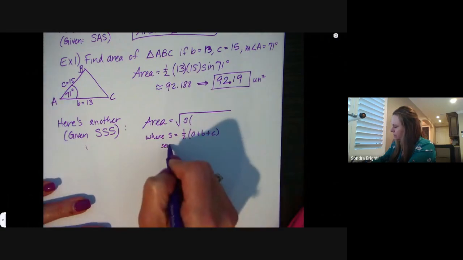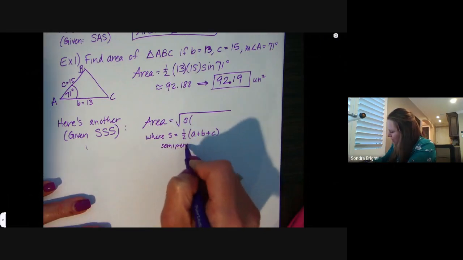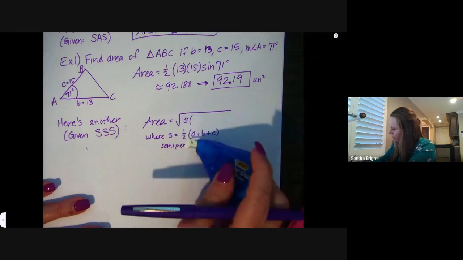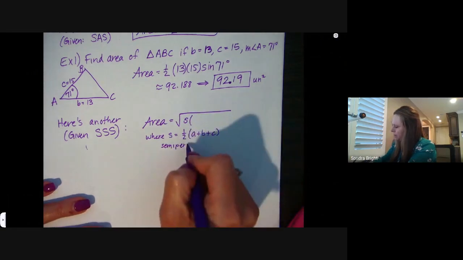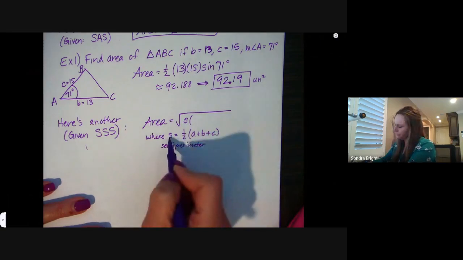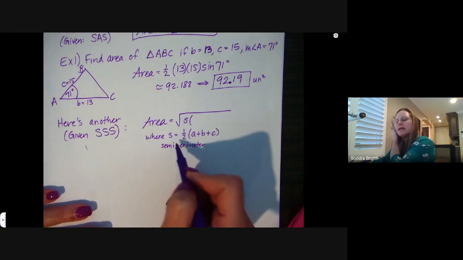Semi-perimeter, that would be an I, because I know how to spell. Most of the time. Every once in a while. Semi-perimeter is what S stands for, and it's just semi meaning half, half of the perimeter of the whole thing. So half of adding up all three sides.